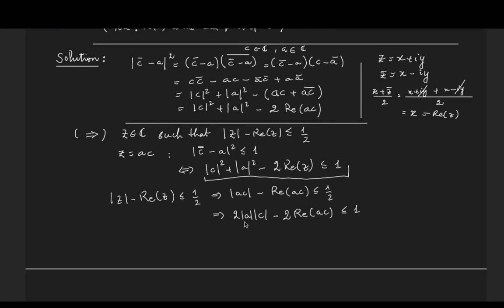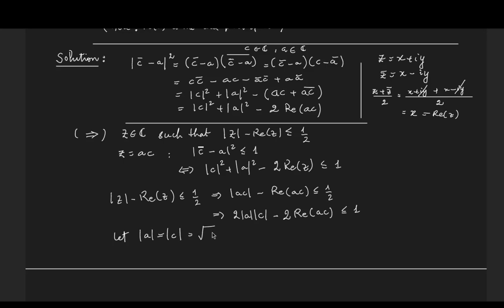Now we must show that if this is true, this is also true under some condition. Let |a| = |c| = √|z|, of course.